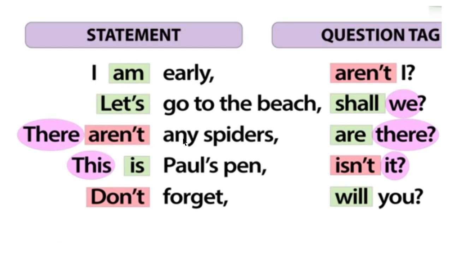There aren't any spiders. There is for singular things and are is plural, so we use there are. Are there, because plural, you know? So positive, negative, negative, positive. This is negative, aren't, and this is positive, are.